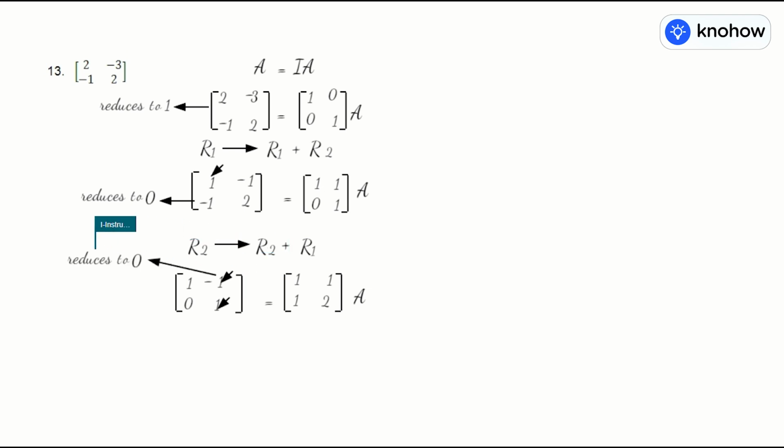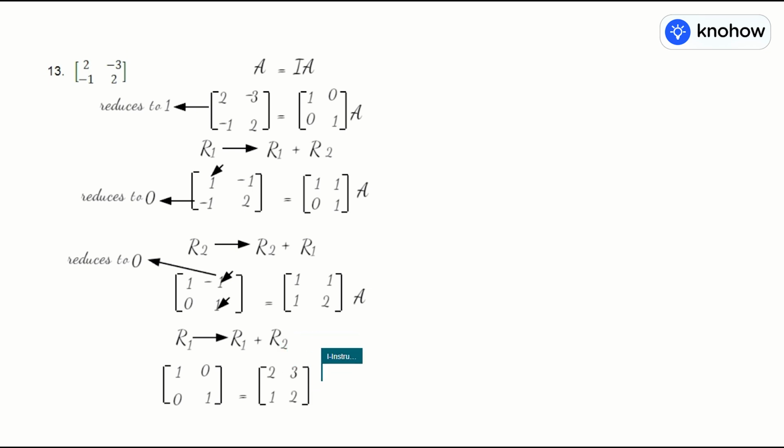It will be easier, you just replace R1 by R1 plus R2, because then minus 1 plus 1 will make it 0. So we get 1, 0, 0, 1 equal to, similarly on the right side you get 1 plus 1 equal to 2, 1 plus 2 equal to 3, second row 1, 2 as such, times A.